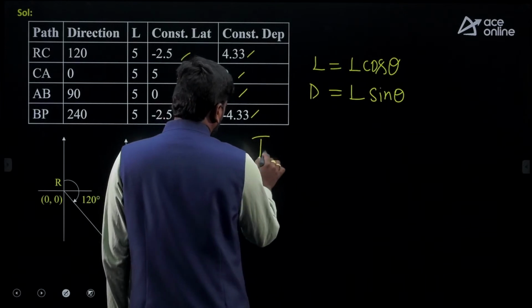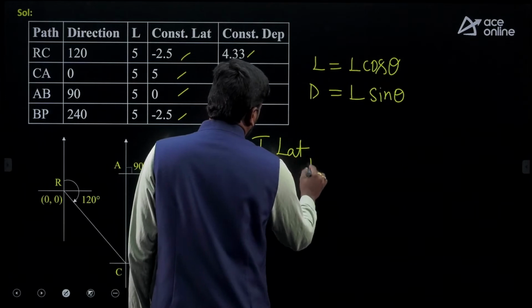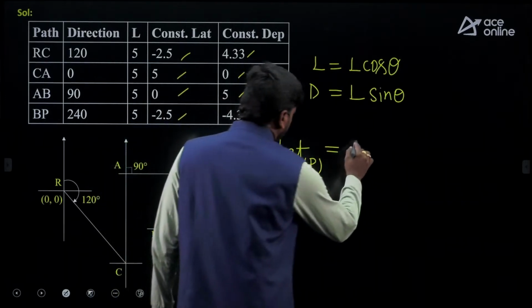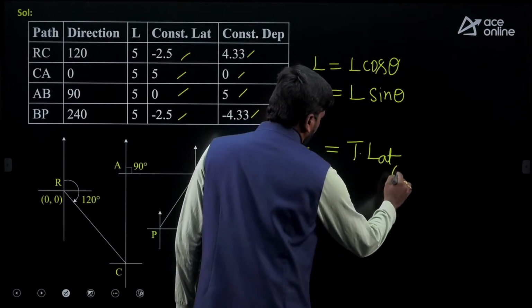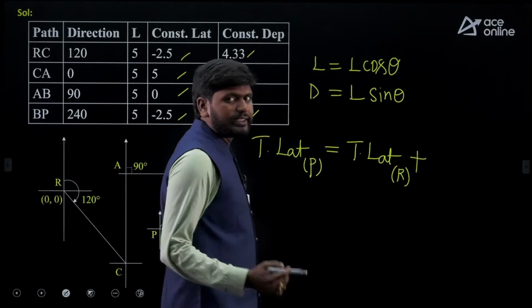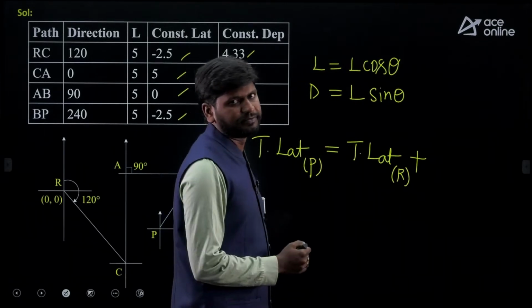So we have to calculate the total latitude of point P, which is equal to the total latitude of point R plus the algebraic sum of all other consecutive latitudes, right?